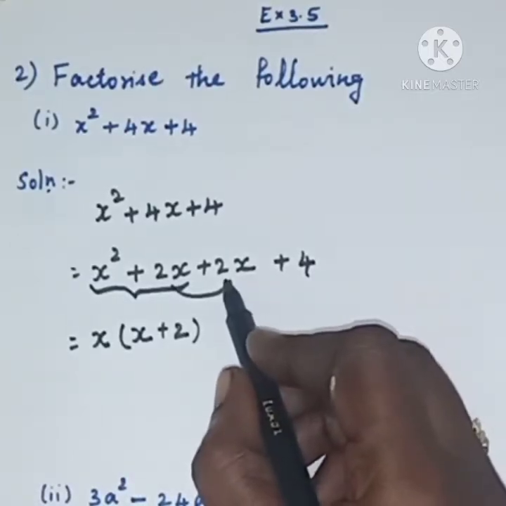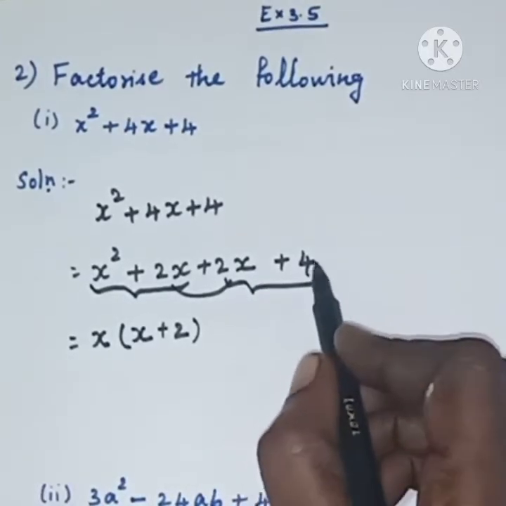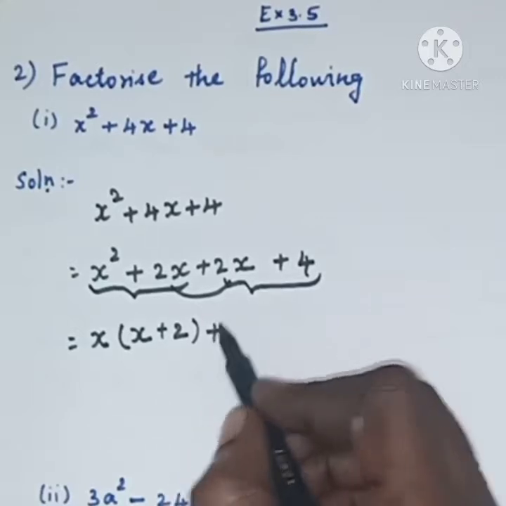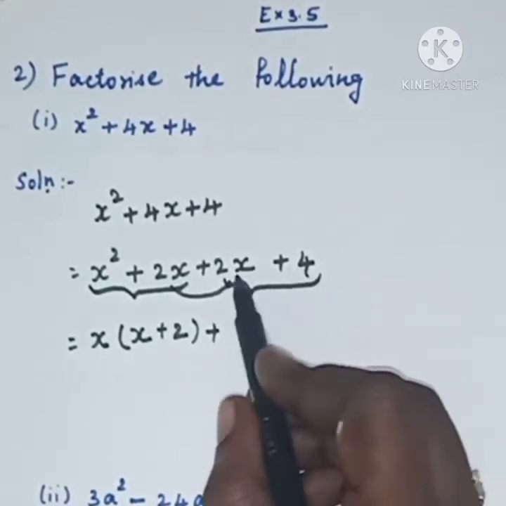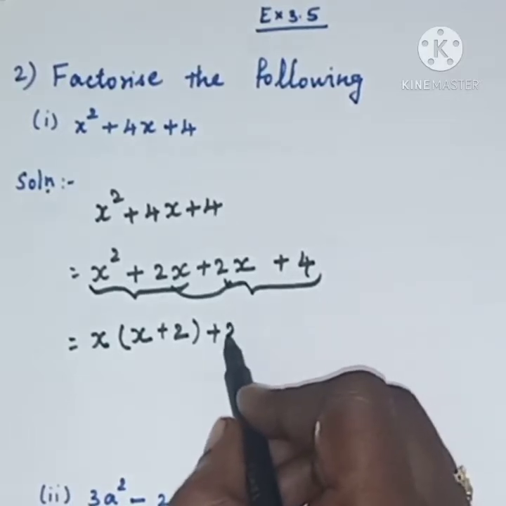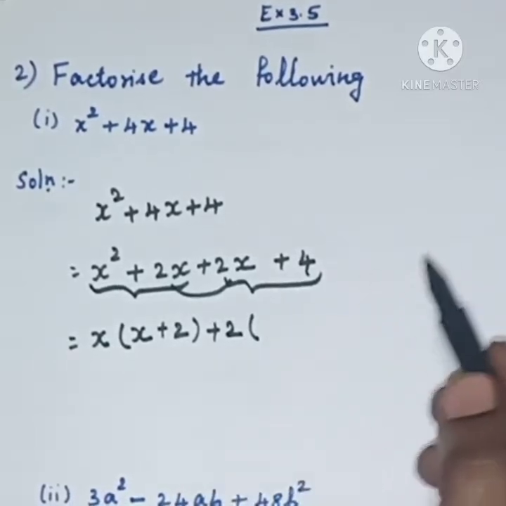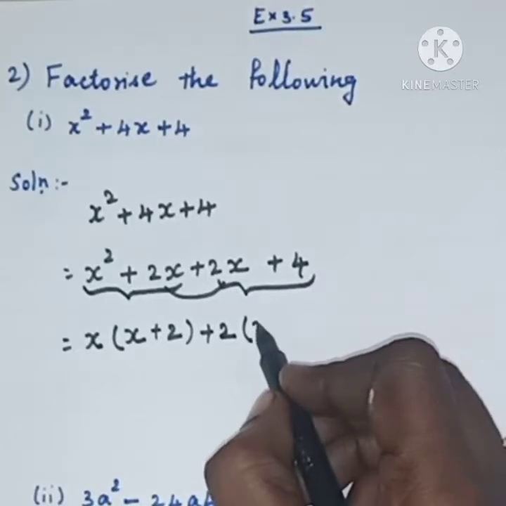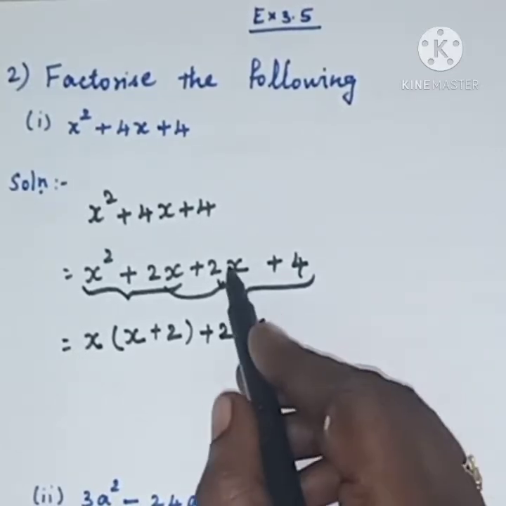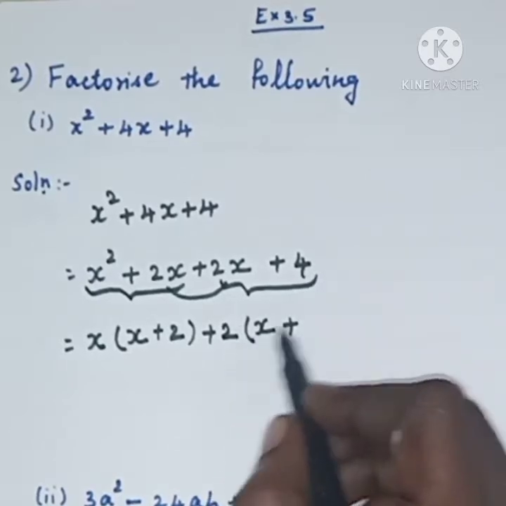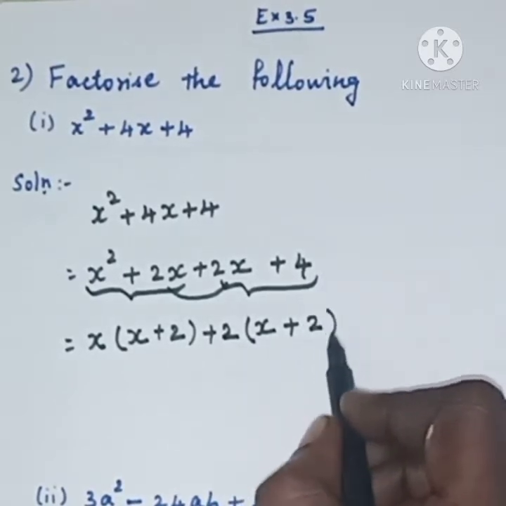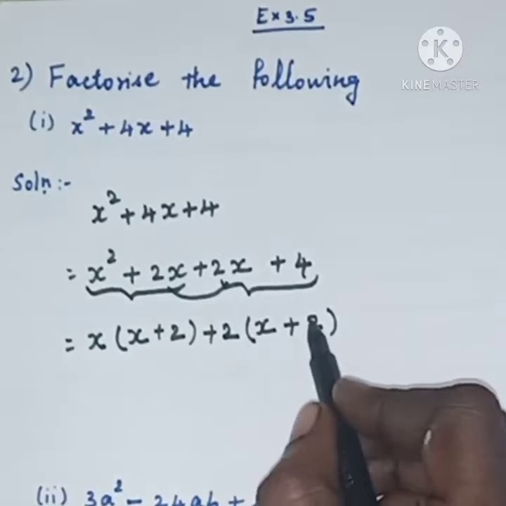Similarly, from the third term and fourth term, 2x plus 4, which is the common term we have? The common term is 2. Take the 2 outside. So now we have x here. 2 into x is 2x plus, from 4 we took 2 outside, so write 2 here. 2 into 2, 4.